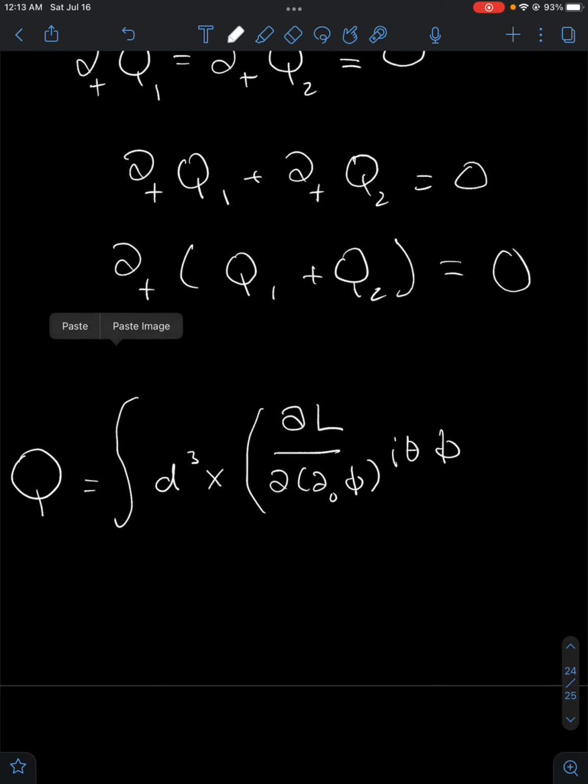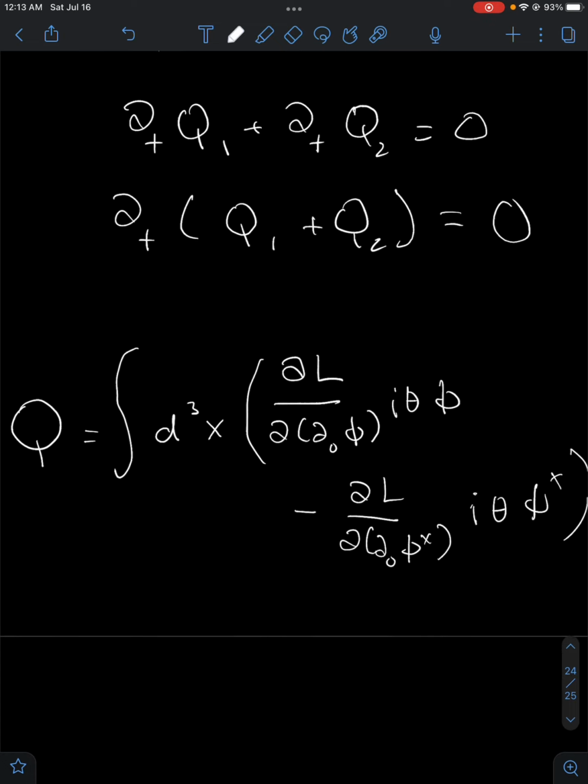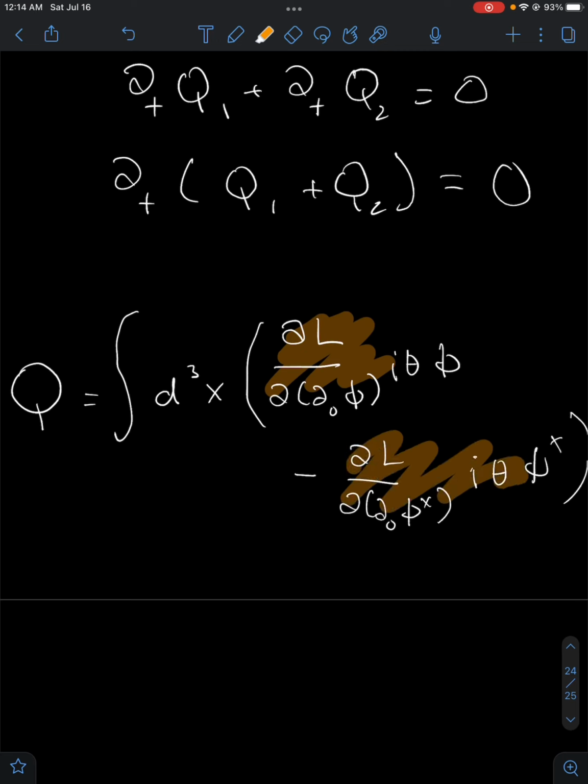Then we're going to have a minus partial L over partial naught phi conjugate times i theta phi conjugate. There's not enough space to write out the whole thing, so I hope you understand that this is just this term minus this term, and they're all under the same integral.